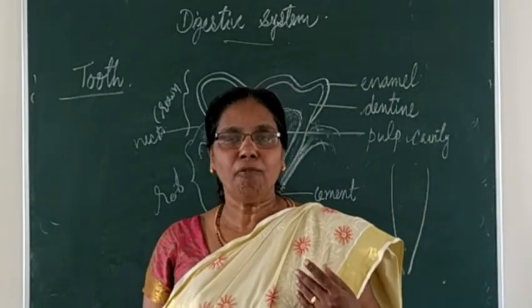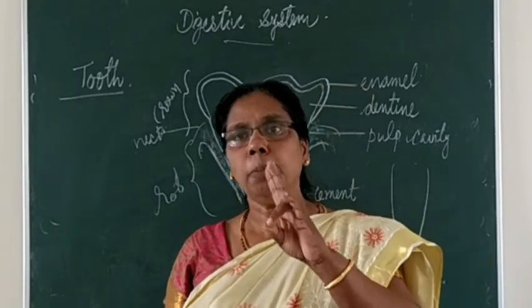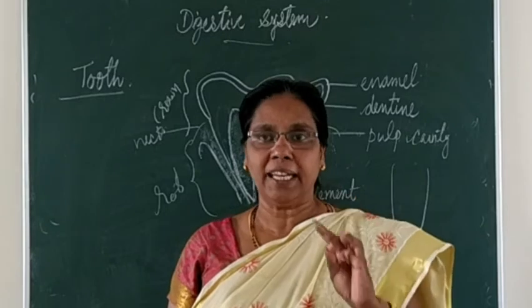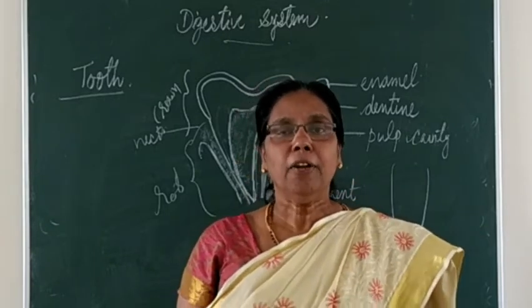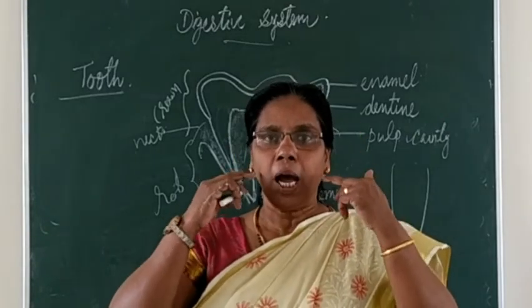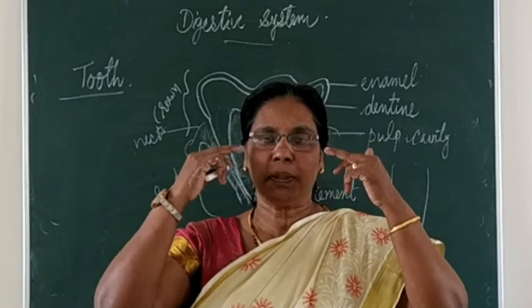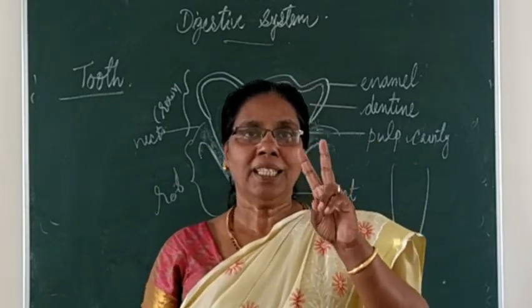In the case of premolars and molars, you can see two processes, otherwise called fangs. Whereas in the upper molars, the last teeth present in the upper jaw, you can see three fangs.